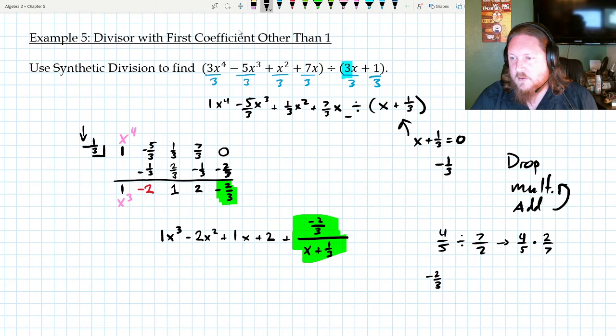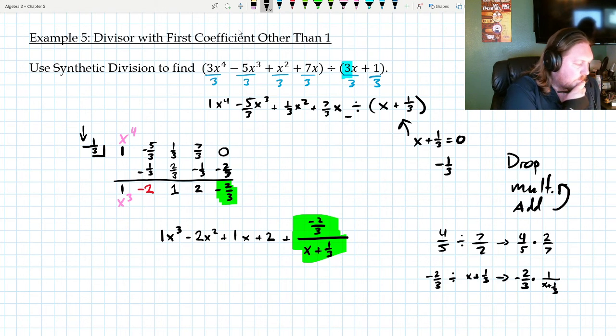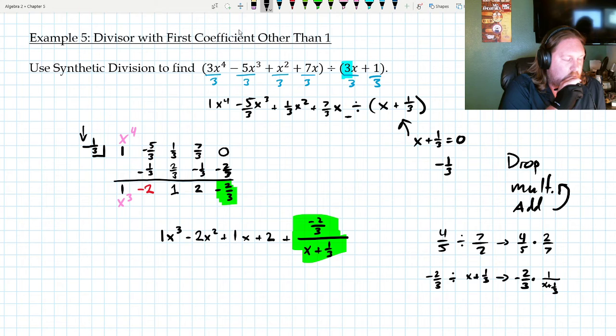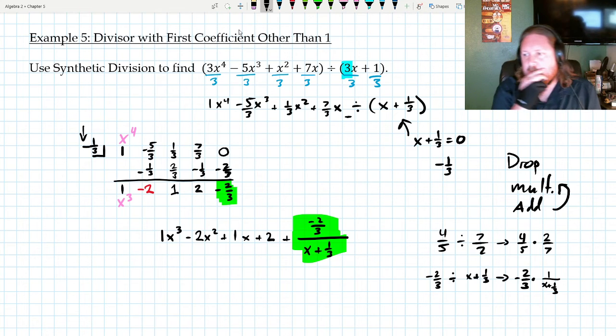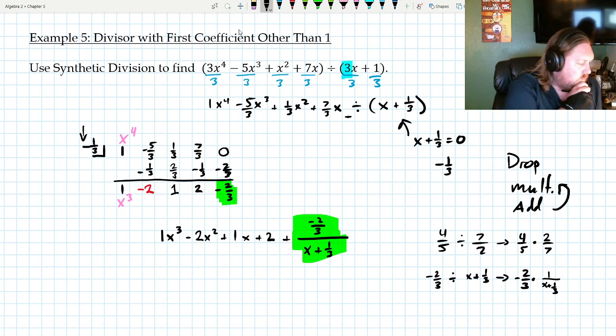Negative 2/3 divided by x plus 1/3. That's going to change into negative 2/3 times 1 over x plus 1/3. Oh, you know what?